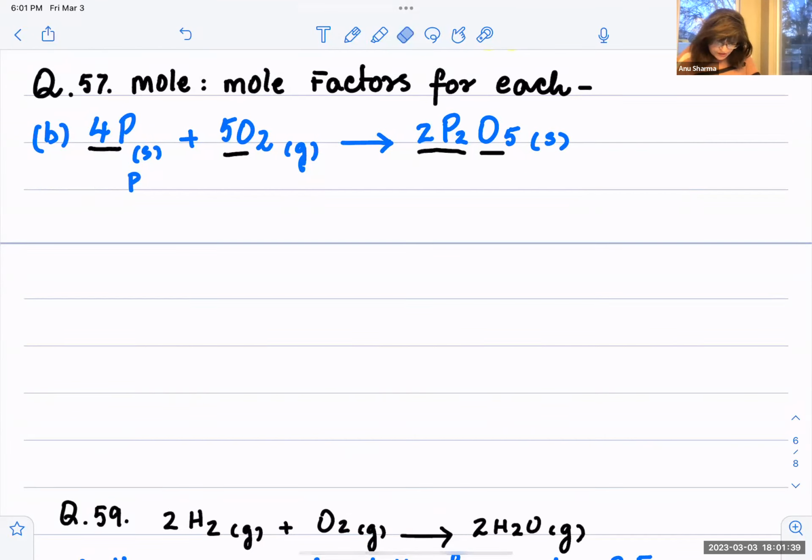What we're going to do here is look at the relationship of phosphorus and oxygen, and the relationship of oxygen with P2O5, and the relationship of phosphorus and P2O5.